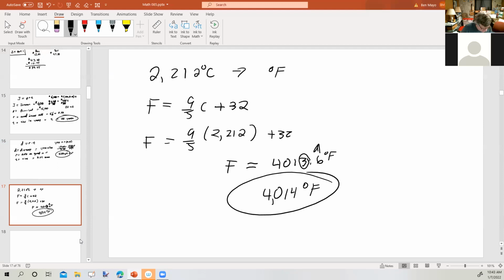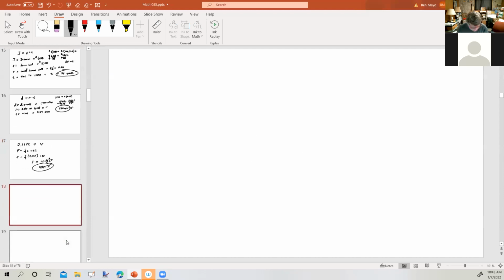Okay. All right, now we're going to look at some formulas, and we're going to take the formula and solve it for a given variable within the formula by using addition, subtraction, multiplication, and division properties of equality. So first of all, we've got this.